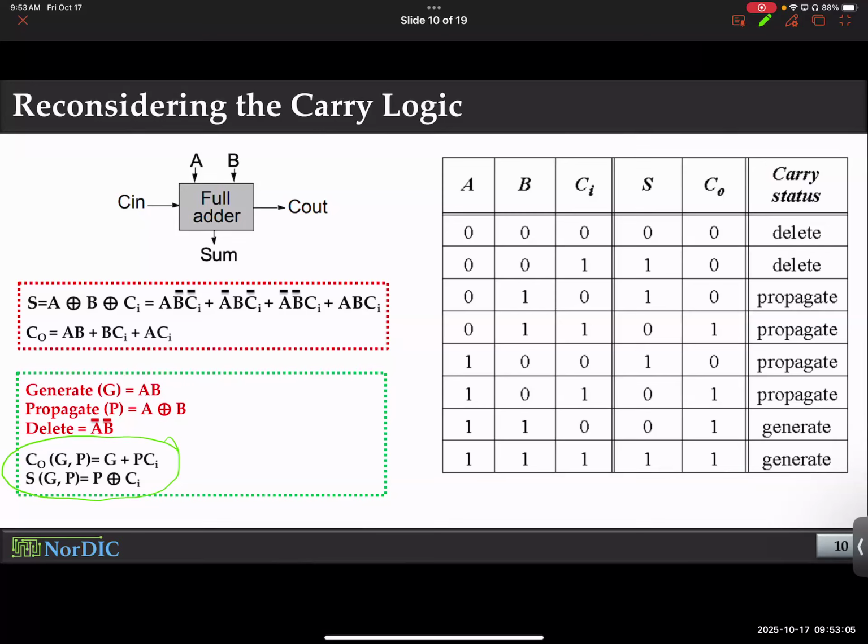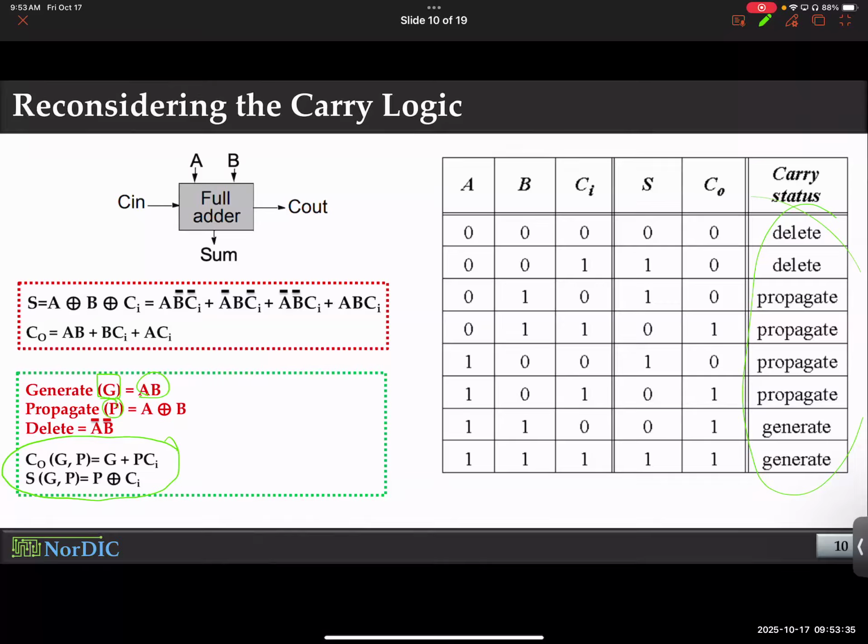It's representing the same function using different variables. Now all I'm trying to do is show you how the person who invented it thought about it. What were they trying to do? Essentially, they're trying to physically represent this observation in a mathematical format. So they came up with these terms called generate and propagate. That's all. That's why, instead of using any other variable, they use G to represent AB, because it relates to generate.